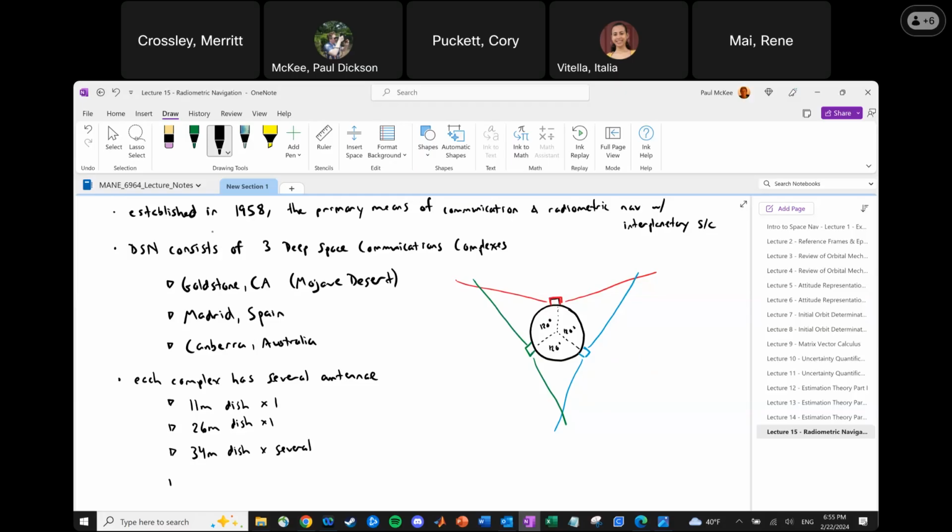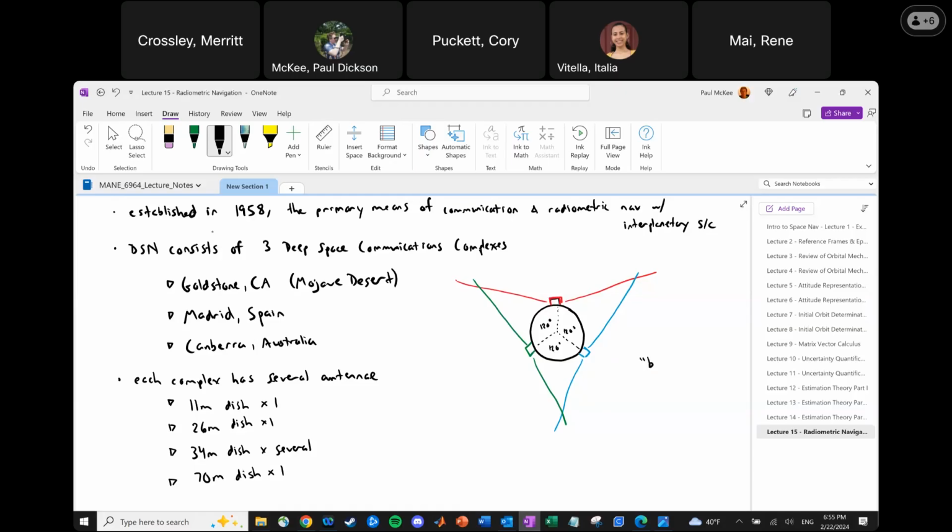And there's usually one big kahuna 70-meter dish, which is approaching the size of a football field. Absolutely humongous. Oh, I should mention a couple of notes on this diagram.